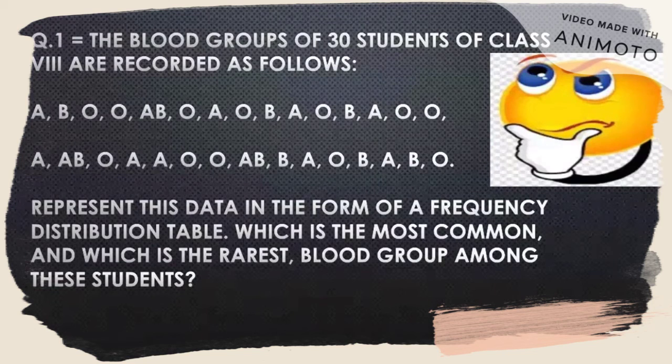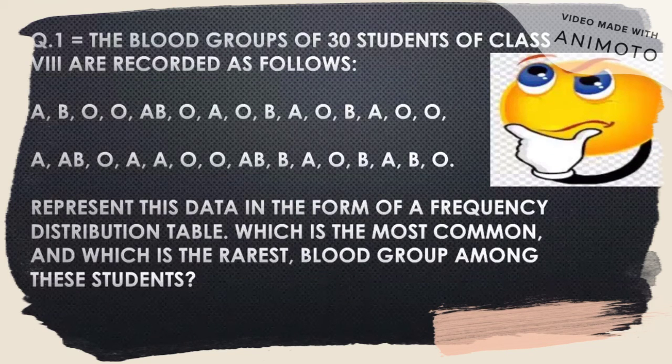The next question is the first question of exercise 14.2. The blood groups of 30 students of class 8 are recorded as follows. You can see the blood groups. The question is to represent this data in the form of a frequency distribution table.